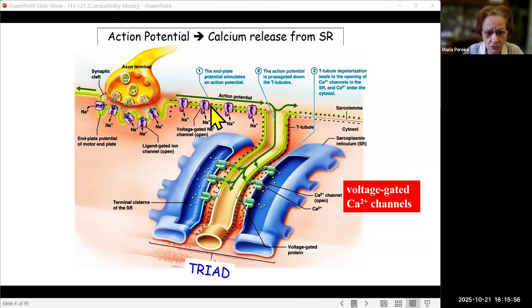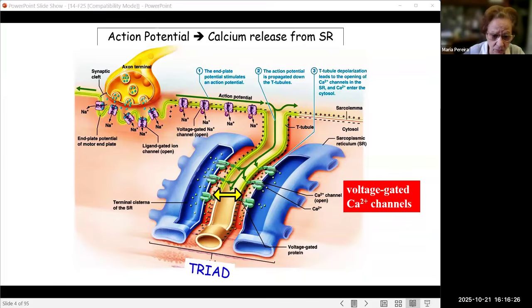Okay, but now you have to envision the current going down into the T-tubule. So this is still the sarcolemma, still the plasma membrane. It's an invagination, an extension of the sarcolemma into the muscle fiber. So you have now the action potential, this electrical current, going down the sarcolemma of the T-tubule.